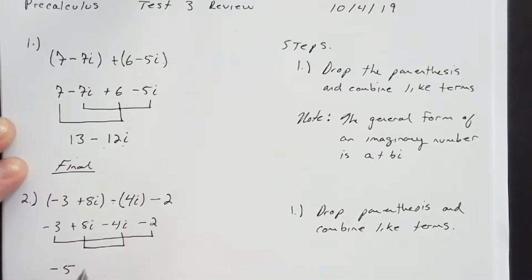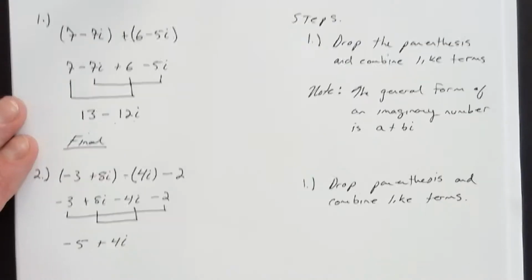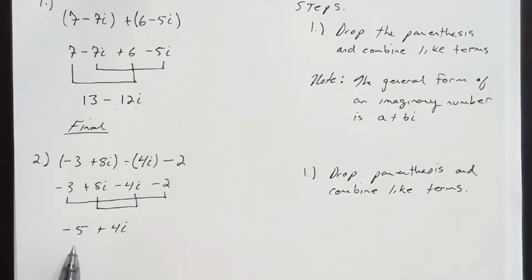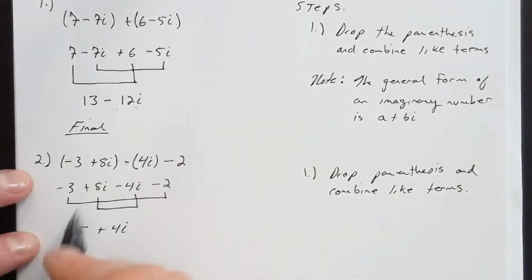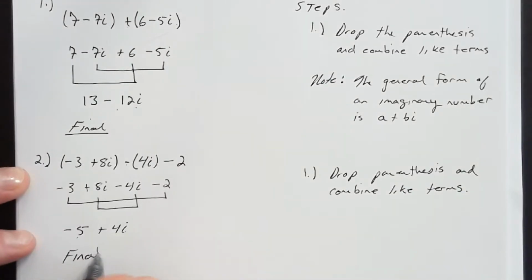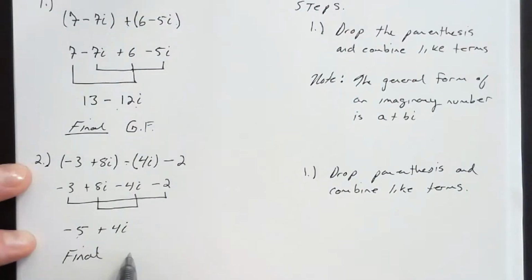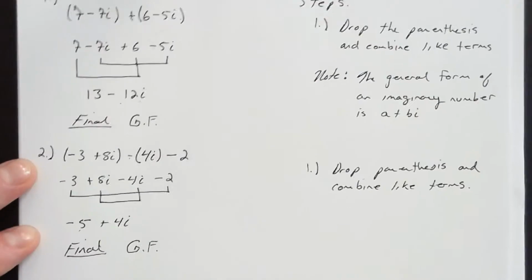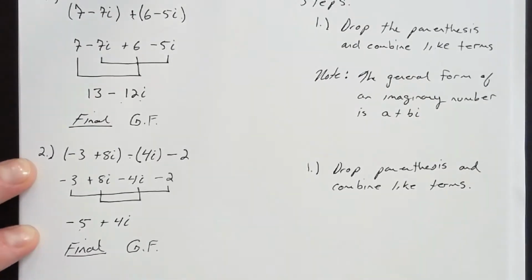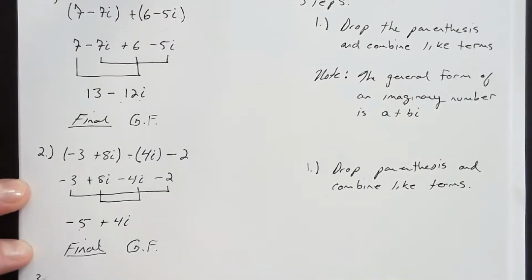Minus 5 plus 4i. Is this imaginary number in general form? Then this is final. Number 3.